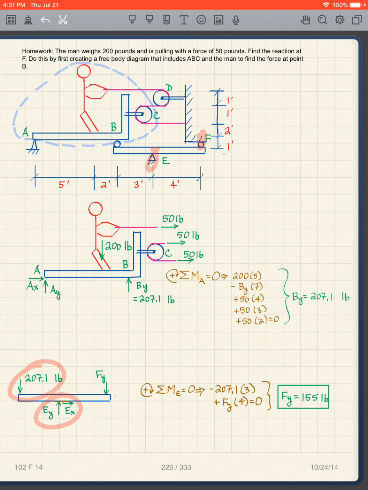So the free body diagram looks like that, and I take moments about point E to get rid of those. I solve for Fy. Fy is 155 pounds. And that's what we wanted.